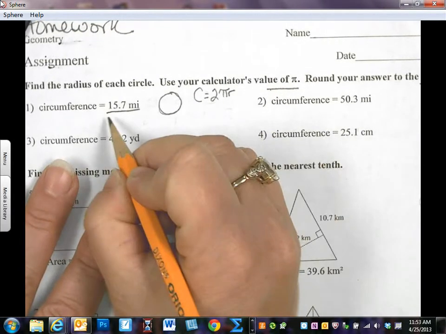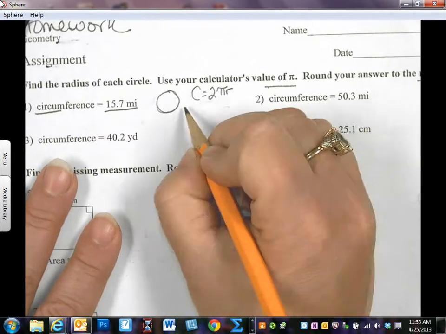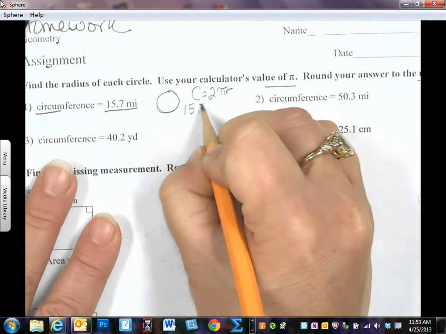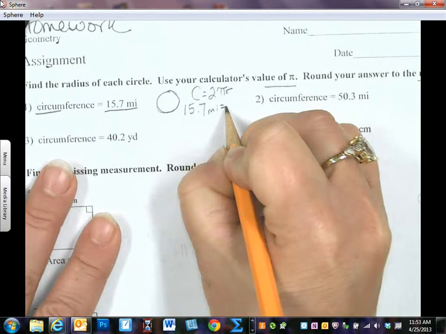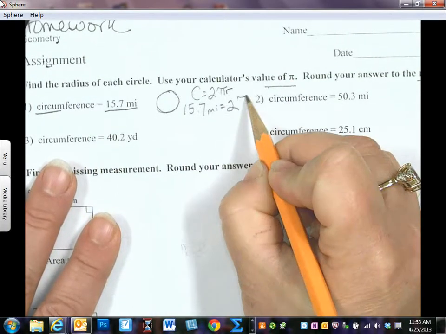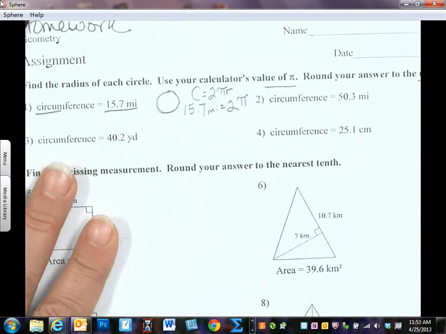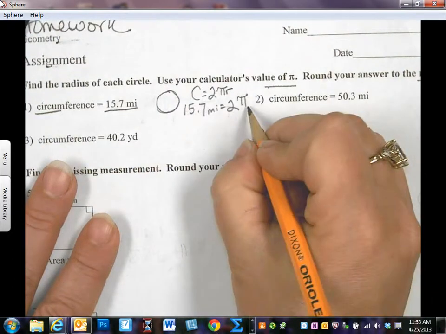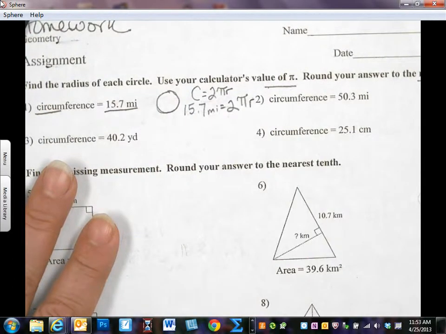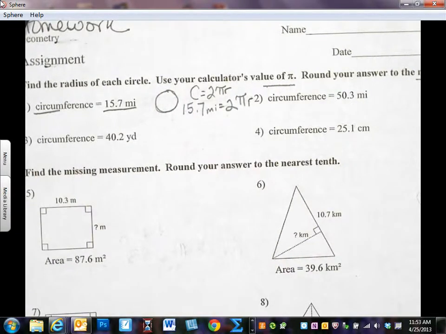Well, this is my circumference. So I know 15.7 miles equals 2 pi r. Do we know the radius? No, we don't. So that then becomes what I'm solving for. So we're going to take 15.7 and divide it by 2 pi.